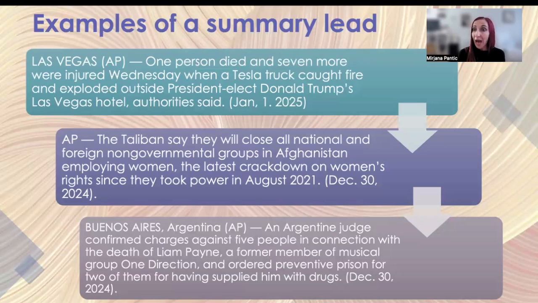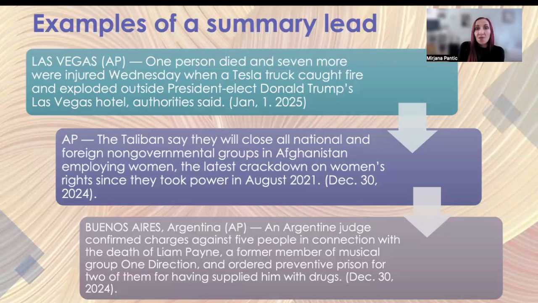How it happened, like how did these people die? Do you see that in the lead? Well, this happened when a Tesla truck caught fire and exploded. What is missing here? So we have the who, the what, the when, the where, and how. What question is missing here? We don't know why this happened.